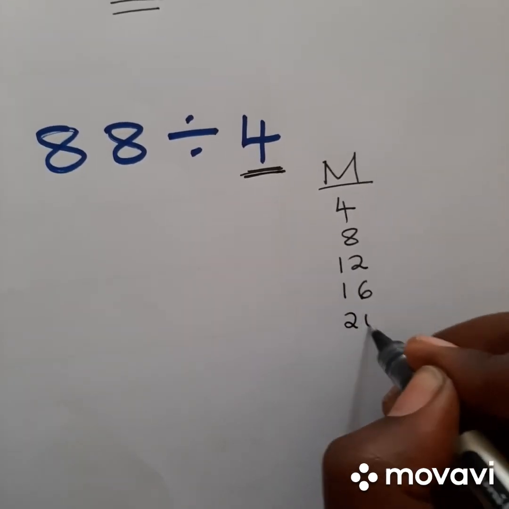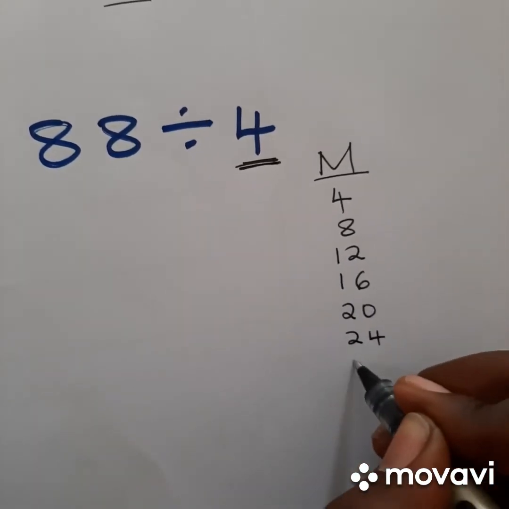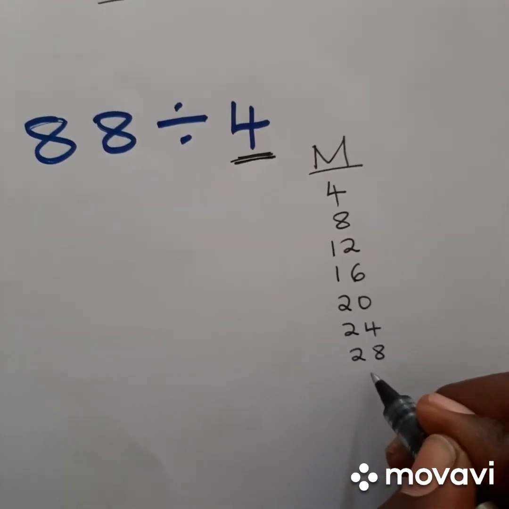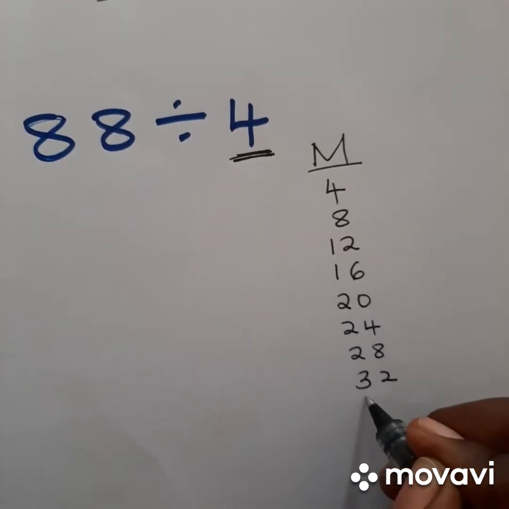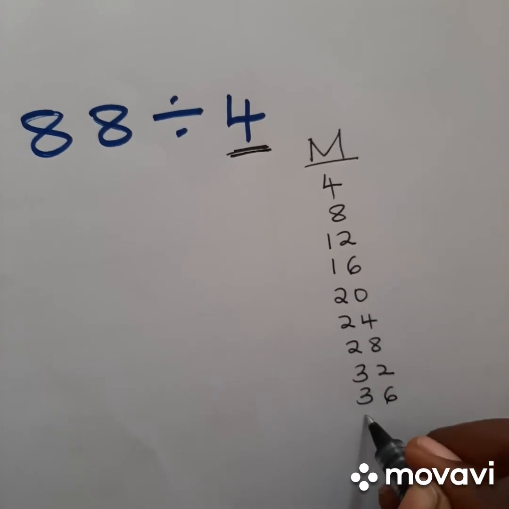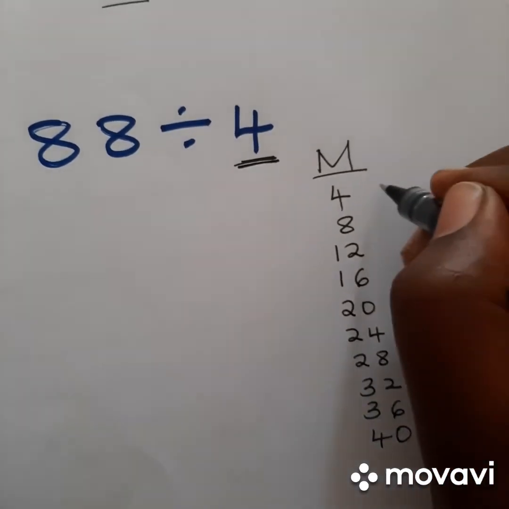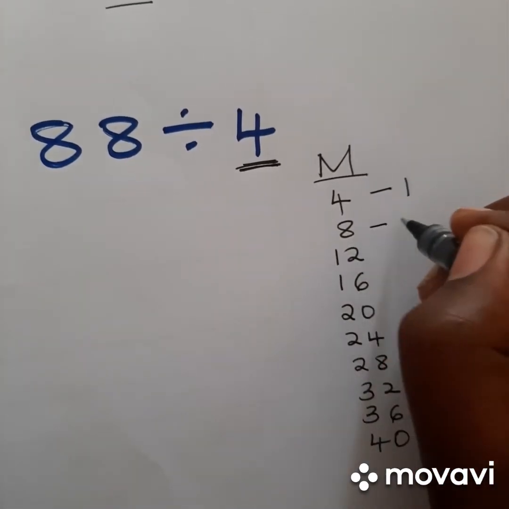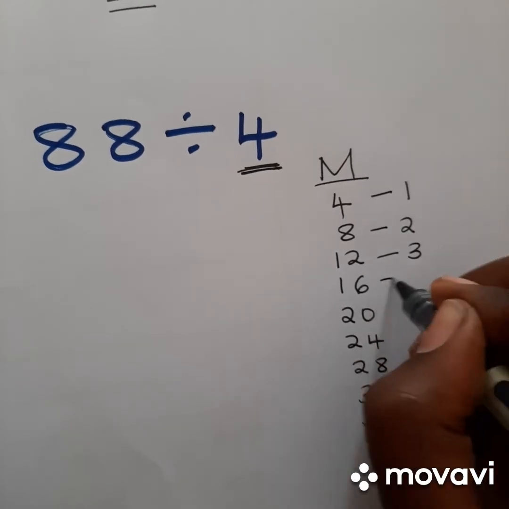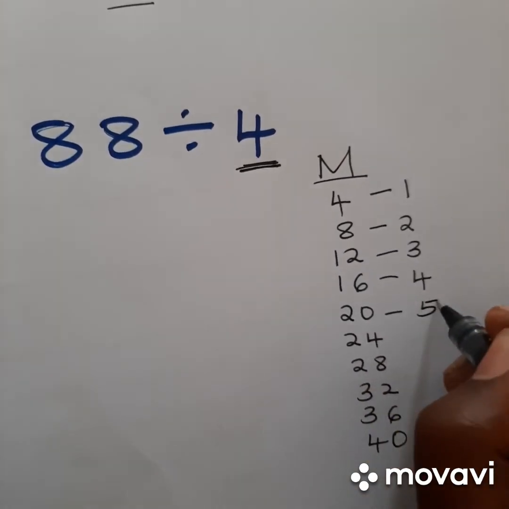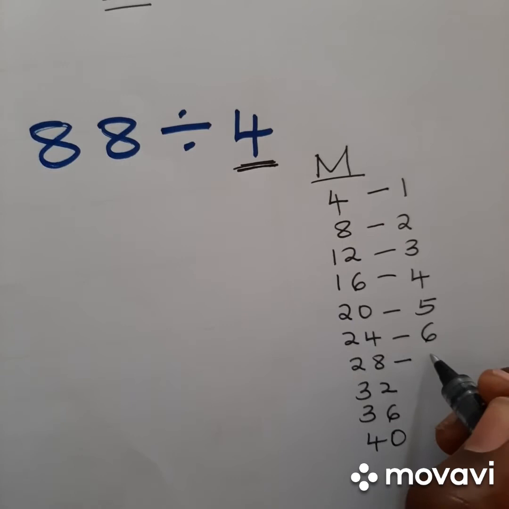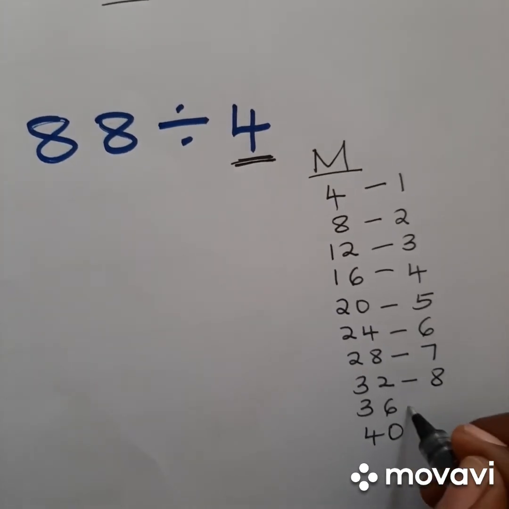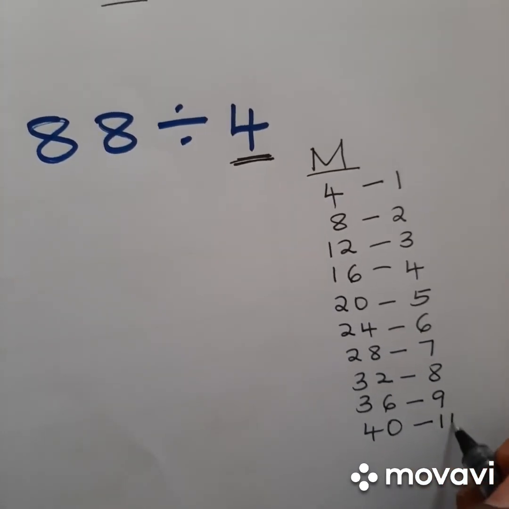After 16 we have 20, 24, 28, and 32, 36, and 40. This means 4 times 1, times 2, times 3, times 4, times 5, times 6, times 7, times 8, times 9, times 10.